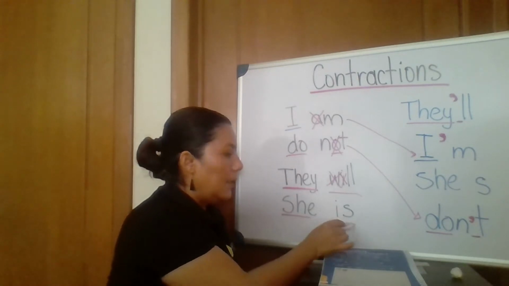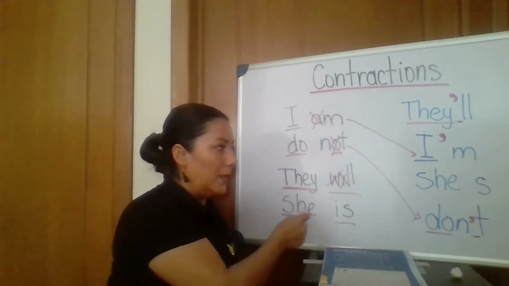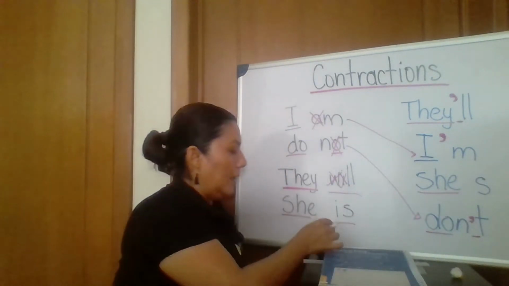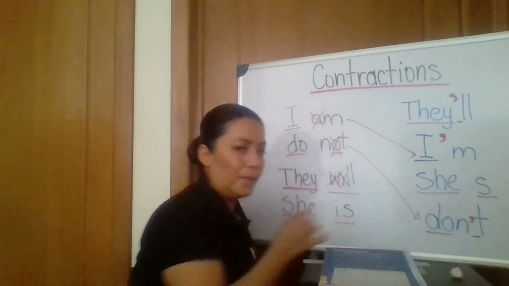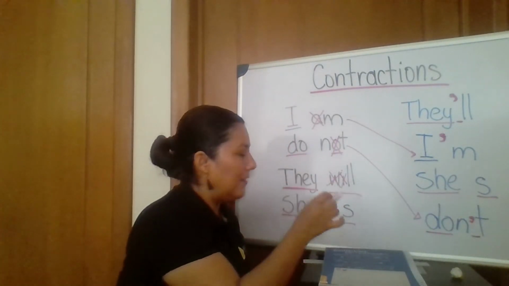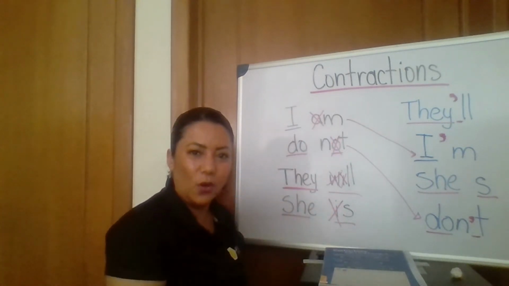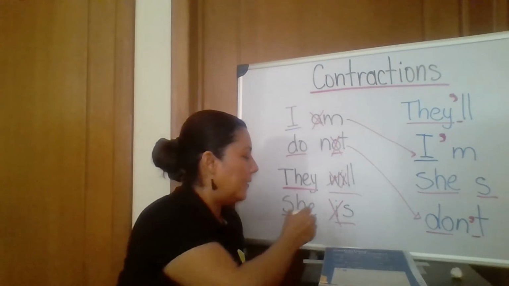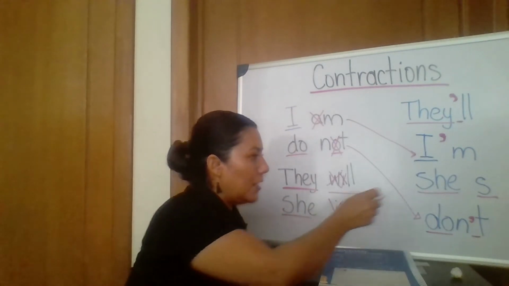She is. Obviously, we're talking about the one that says she and the one that looks similar to is. Where is letter I? We drop it. Drop. Bye-bye. Or erase it. Eliminate it. So the contraction is she's.